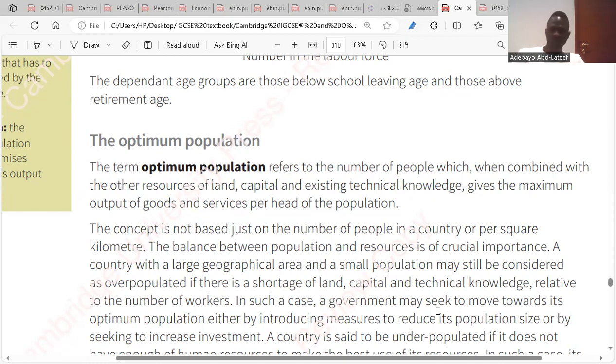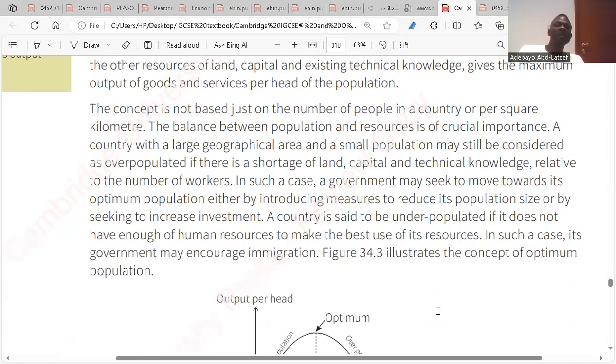The concept is not based just on the number of people in a country or per square kilometer. The balance between population and resources is of crucial importance. A country with a large geographical area and a small population may still be considered overpopulated if there is a shortage of land, capital, and technical knowledge relative to the number of workers.